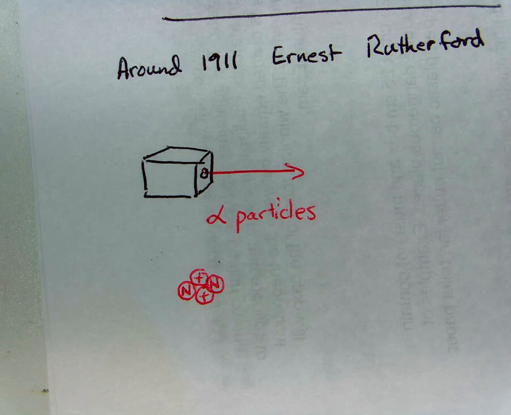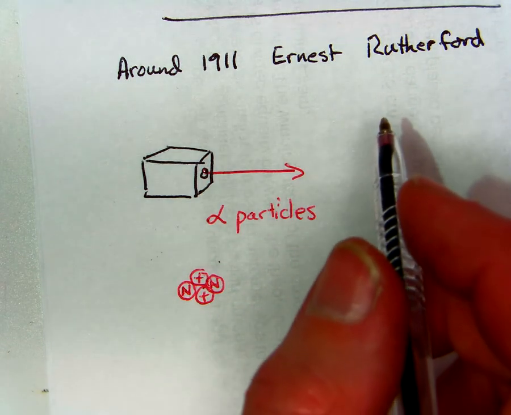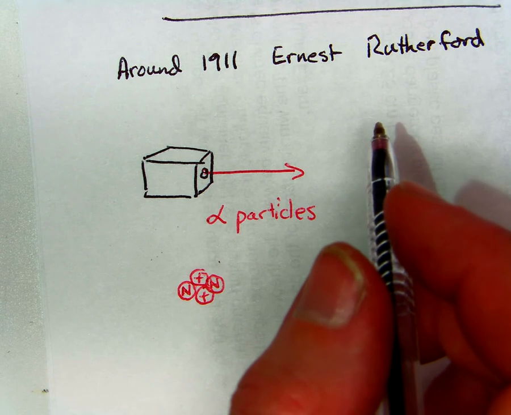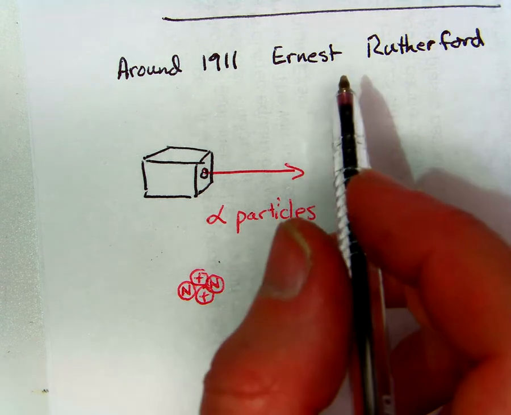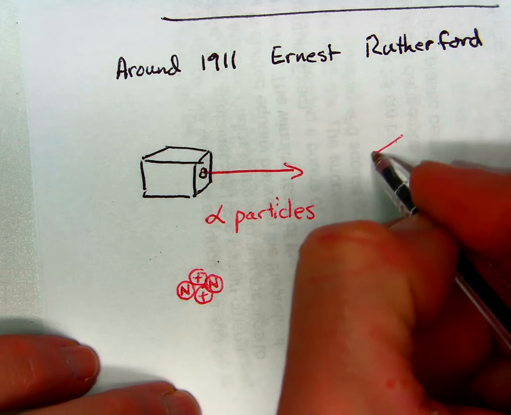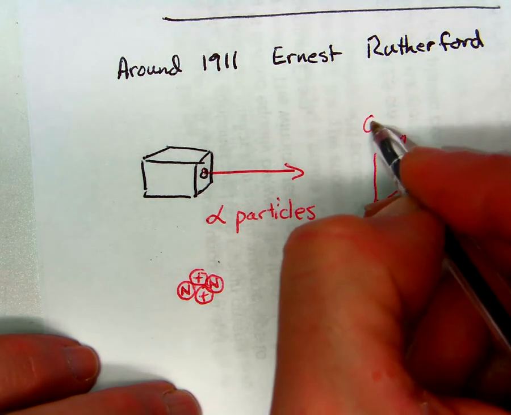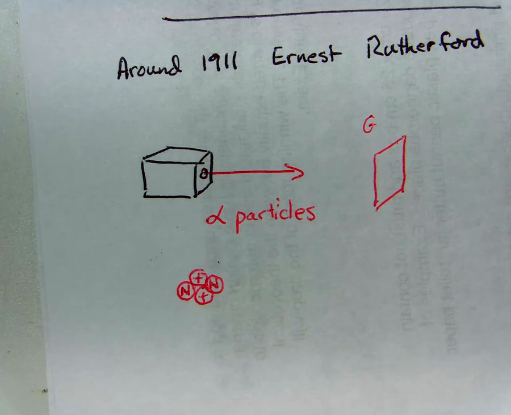So what he did was he shot this at a piece of, I believe, gold foil. Let me look that up before I say it. I didn't put it in my notes. I just drew the picture. But I believe it was a gold foil.